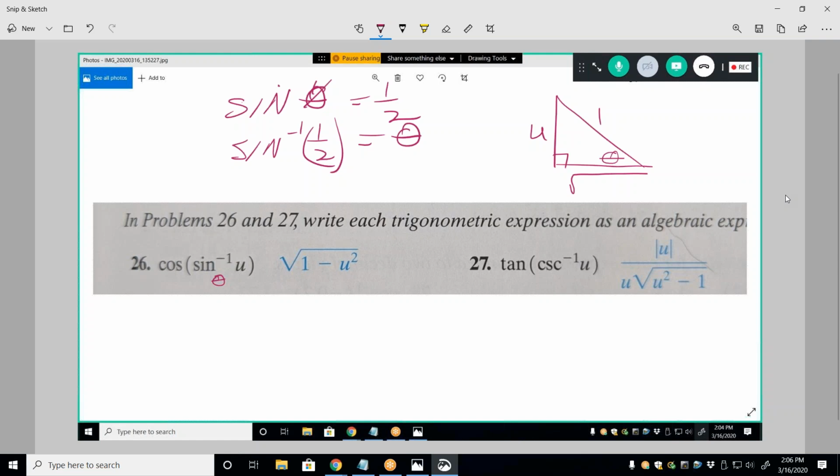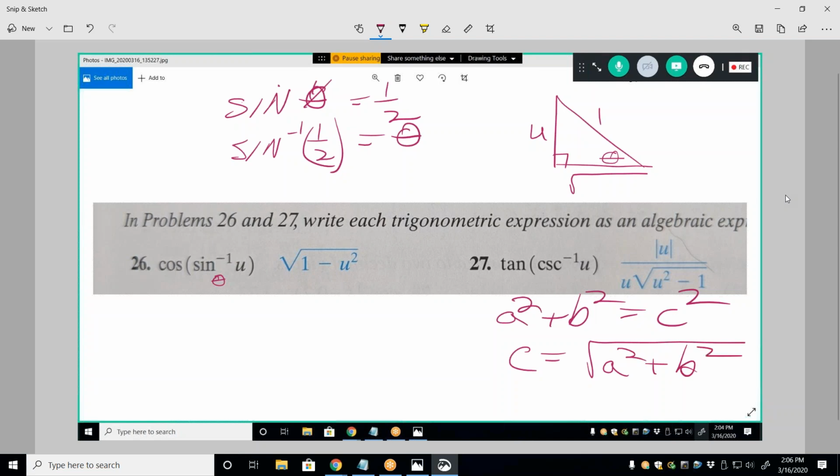In other words, a squared plus b squared equals c squared. And the 2 key ones that I like people to be able to get to directly: the hypotenuse is always the square root of the squares of the other 2 sides. But either short side, let's say b, is the square root of the hypotenuse squared minus the square of the other short side.